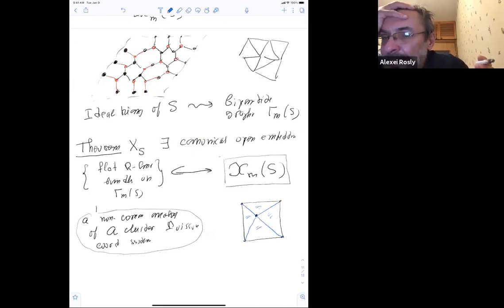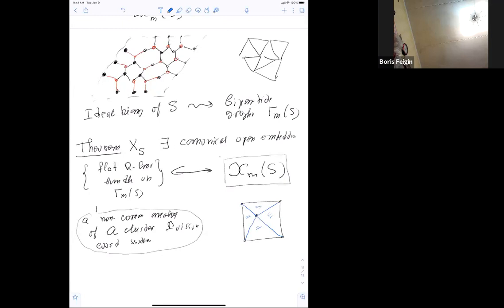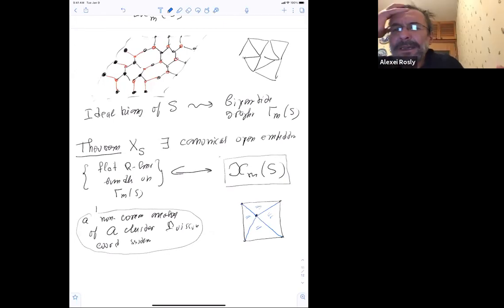Yes, this construction I do understand, but how the flat connection on the graph can be... Alyosha, these are different stories. You have n-dimensional bundles with connection on a surface, or you have a graph and linear bundles there. Yes. Sorry, I was confused. Now I understand. Thank you, Boris.